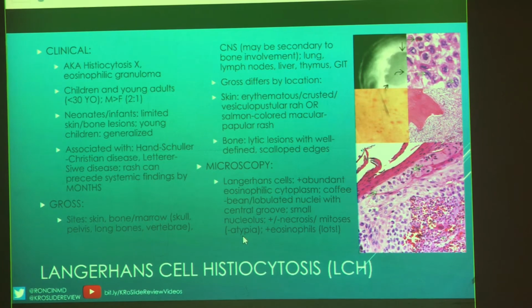Okay, so those are what we call Langerhans cells, that very characteristic appearance. They should have a small nucleolus. There may or may not be necrosis or mitotic figures, but if you have mitotic figures, you should not see atypia. And of course, lots and lots of EOs.